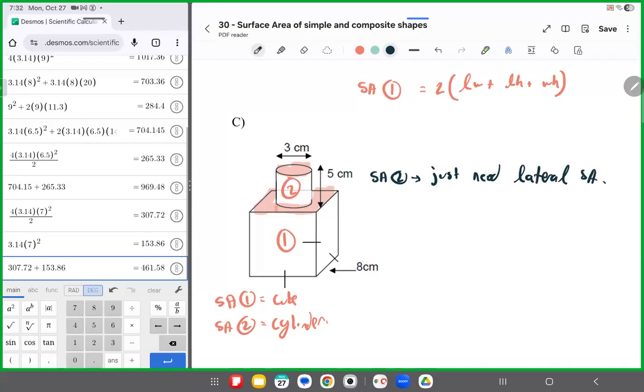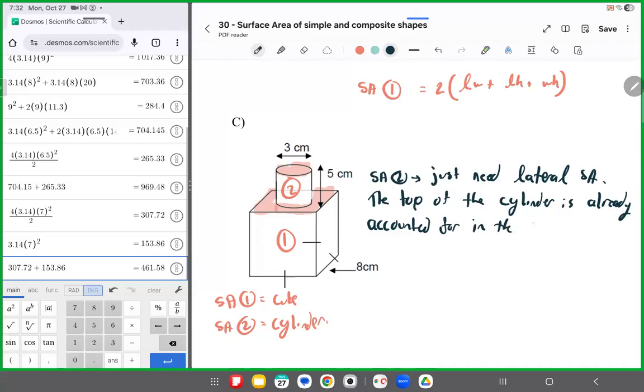The reason for that is the top of the cylinder is already accounted for in the surface area of the top of the cube.